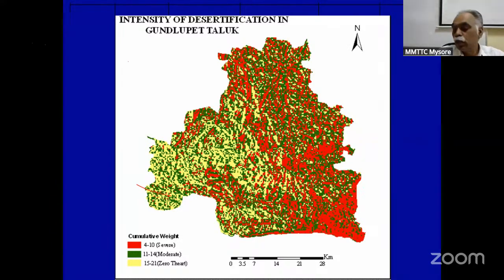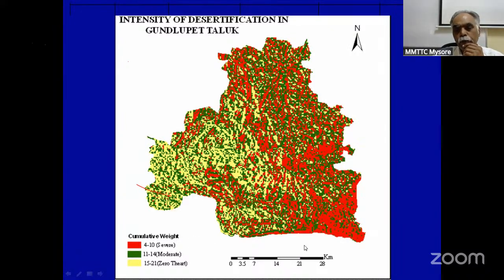So I took Gundlupete as the focus area and did this satellite study, and based on the satellite data generated and the GIS platform, I did this. Three levels of weightage have been given: zero threat is yellow, moderate threat is green, and severe threat is red.